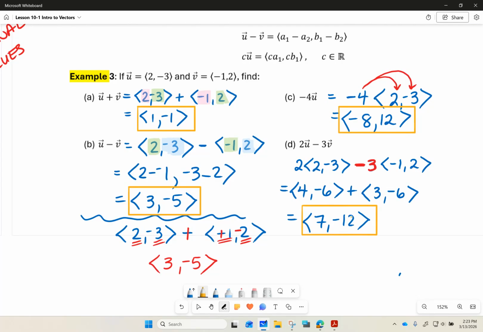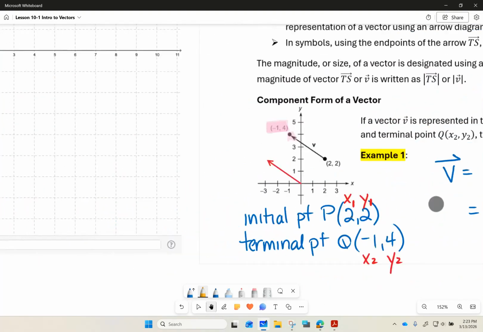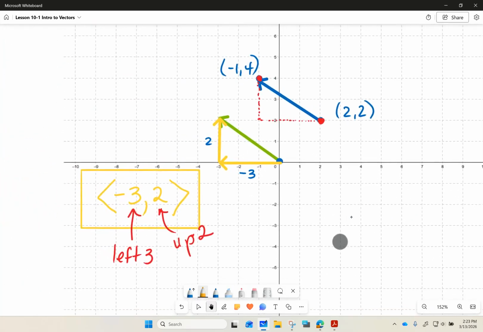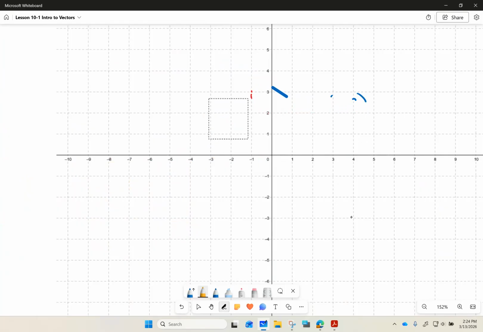So let us use a simple example and show you exactly what is happening graphically. So again, let me erase all of this and let us show you graphically what does U plus V mean.